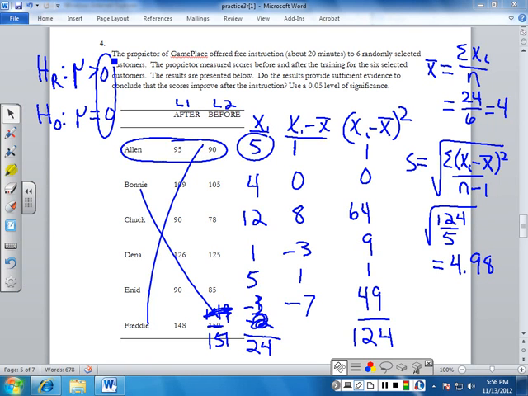Then improvement would be that it went down. Now, you can even make those be greater than. But the way you would say it is that you're saying that it went up because the first one was slower than the other one, which would mean it took more time. So you can always make it greater than. You just have to make sure that that's consistent with the way your data are.